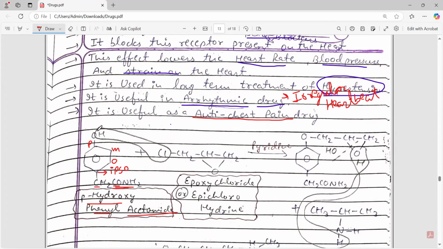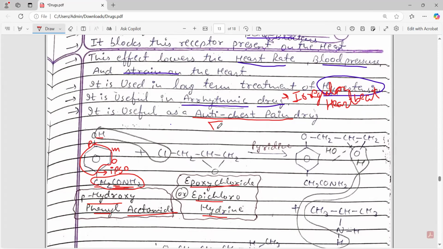At the para position an OH group is there, so we can say para-hydroxyphenyl acetamide. Here it is phenyl, and this portion CH2 CONH2 is known as acetamide. It reacts with epoxy chloride, or epichlorohydrin.